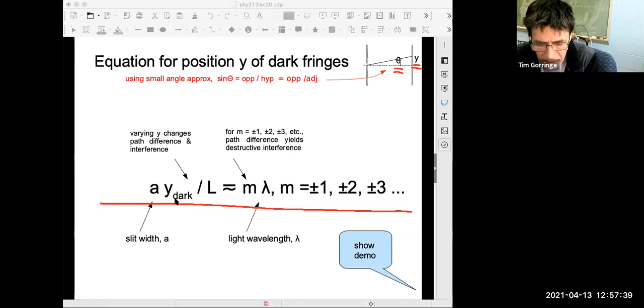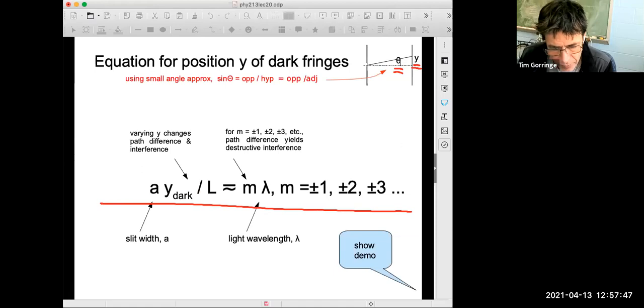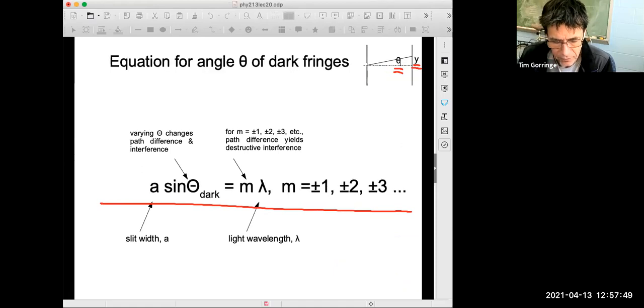Sometimes this is handier. And sometimes we will use the previous equation. Sometimes the previous one is handier. If I can go back to it. Here we are. They're both telling us when you get destructive interference with a single slit, but one in terms of the angle, the direction of the destructive interference, and one in terms of the position of the destructive interference on the screen.